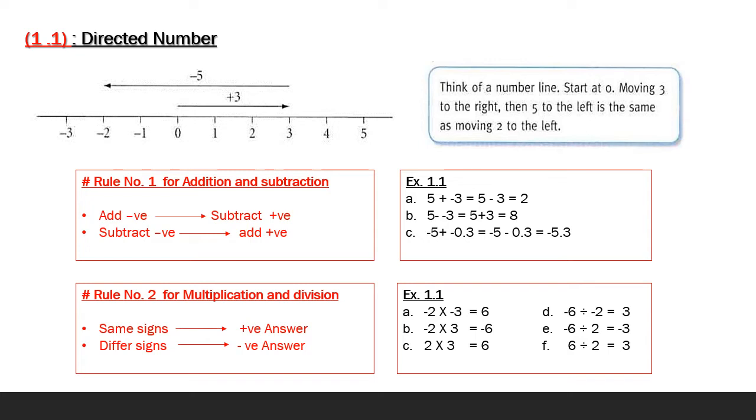But for the same signs, like minus 3 multiplied by minus 3, it is positive 9. And positive 3 multiplied by positive 3 is equal to positive 9. Okay?